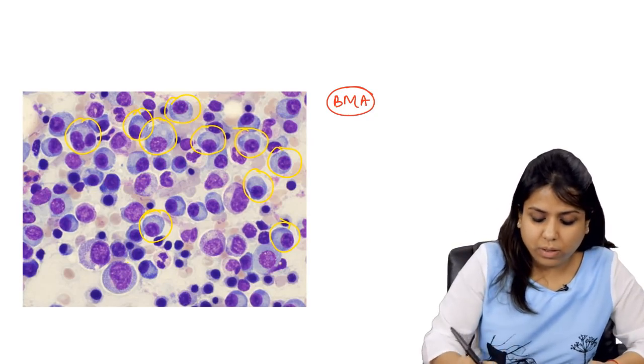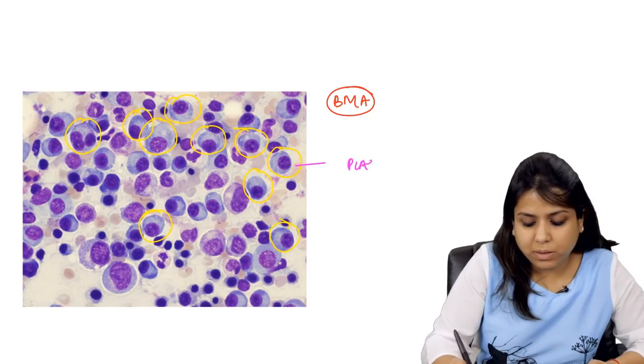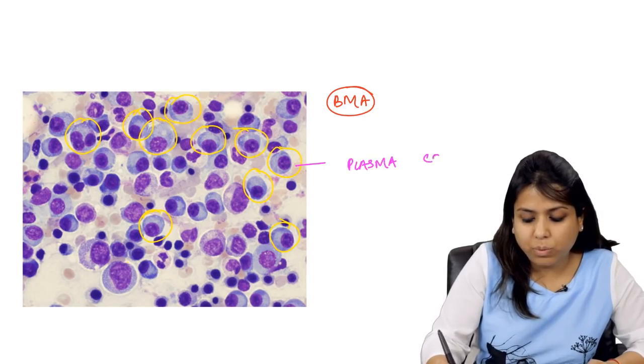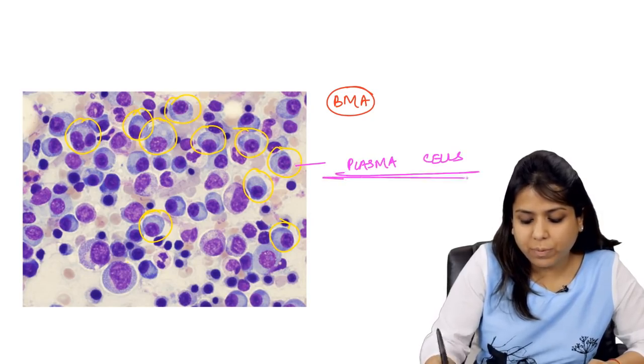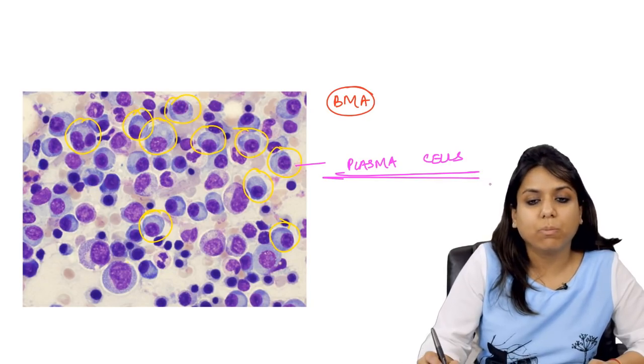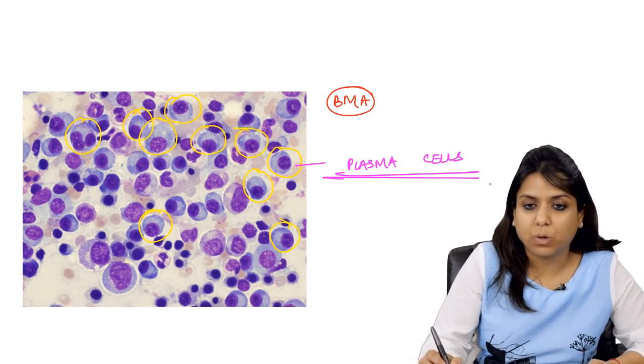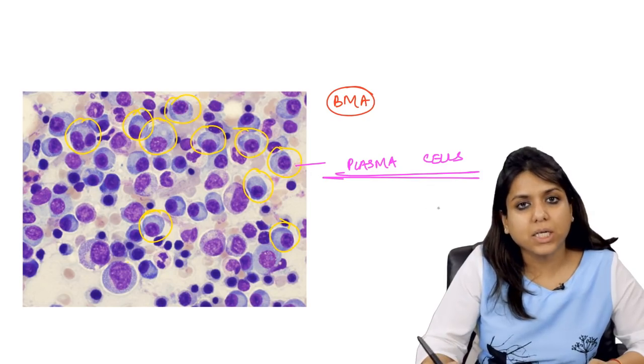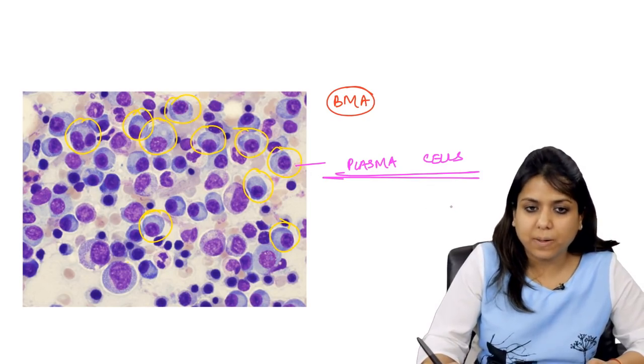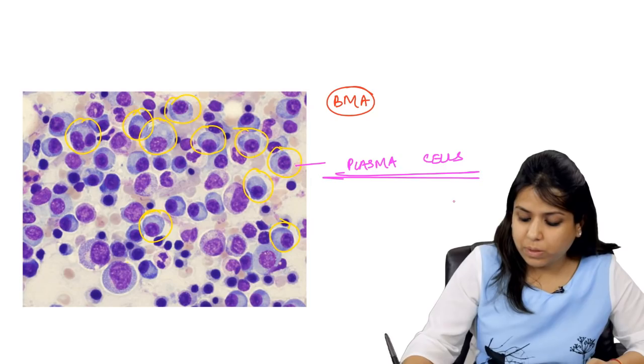These are all plasma cells. So this is the bone marrow aspirate of a patient with multiple myeloma, where there will be an increased number of plasma cells. Clear? So this is how it looks like.